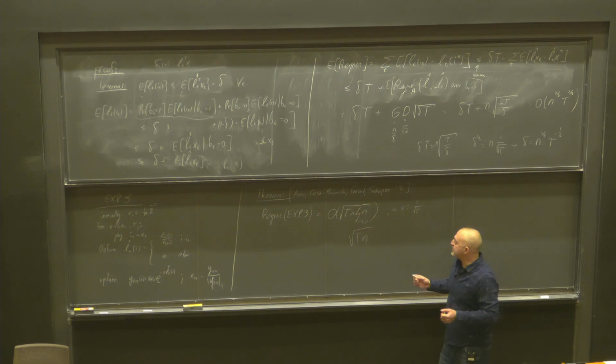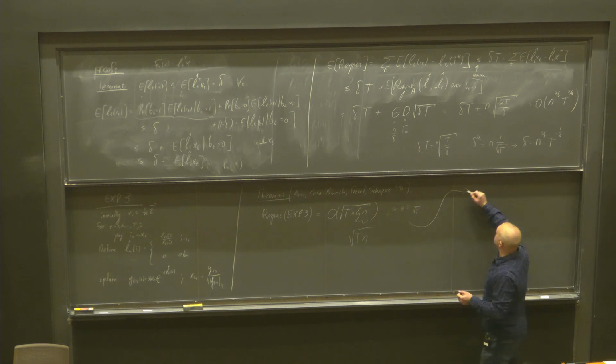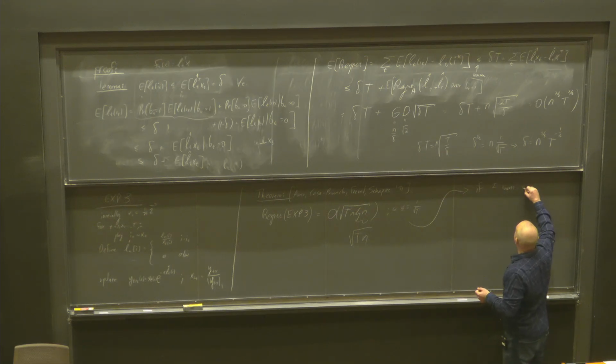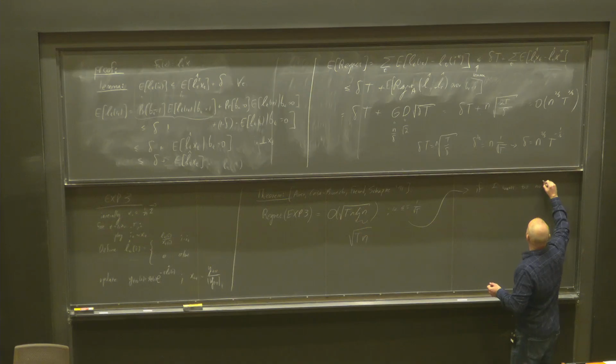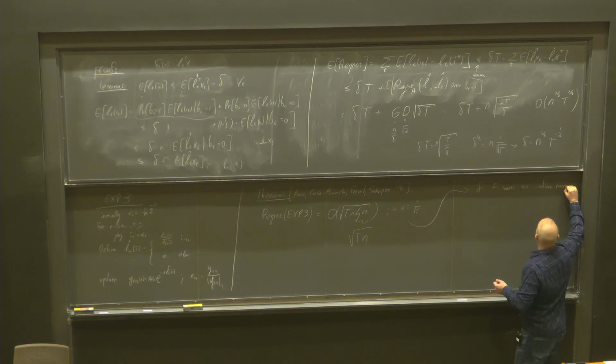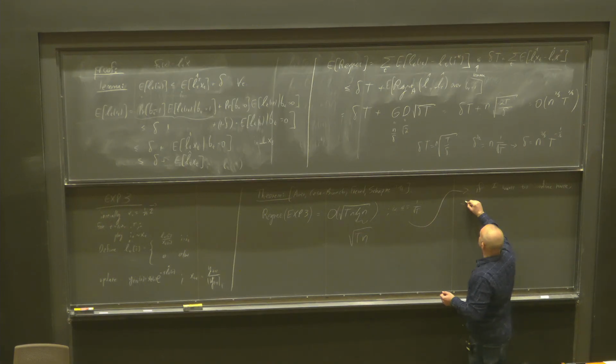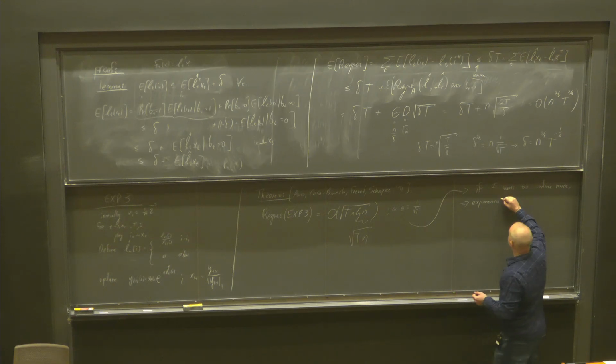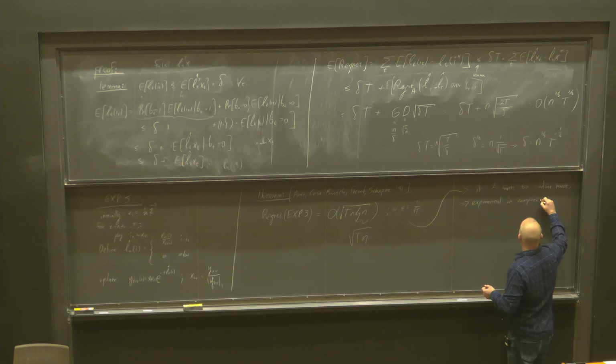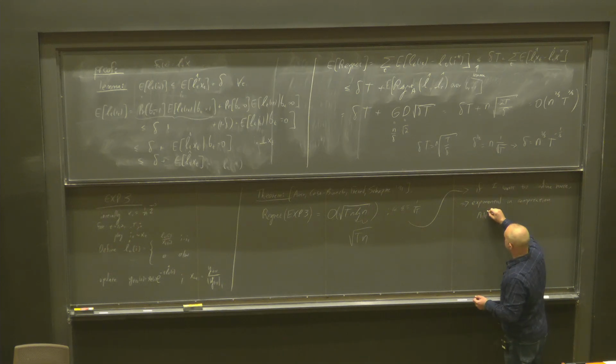So now, this is something I want to stress. If I want to do online routing, there is exponential blowup in computation and regret.